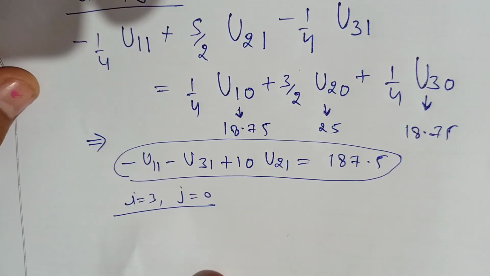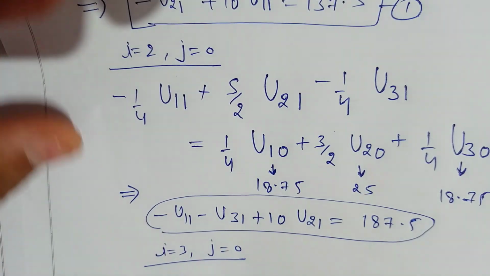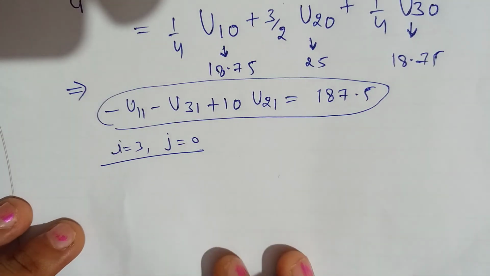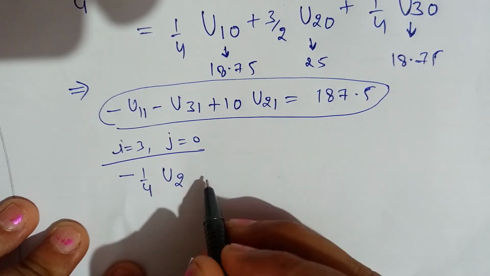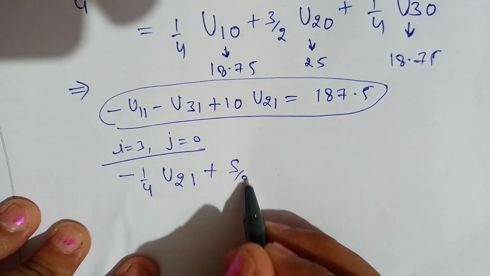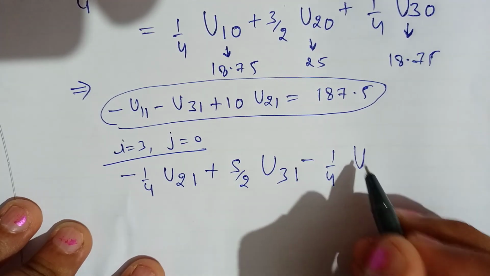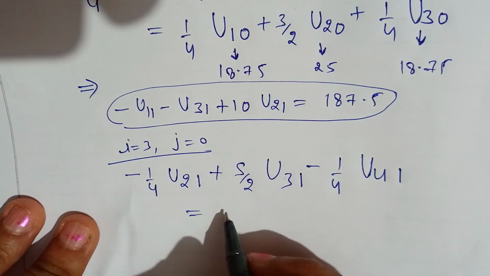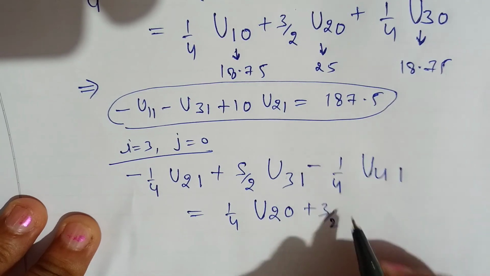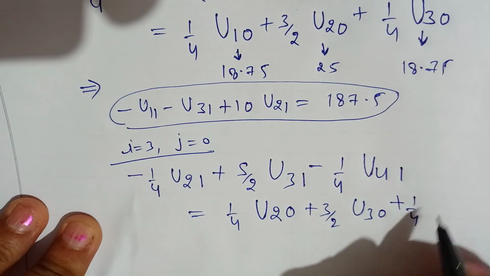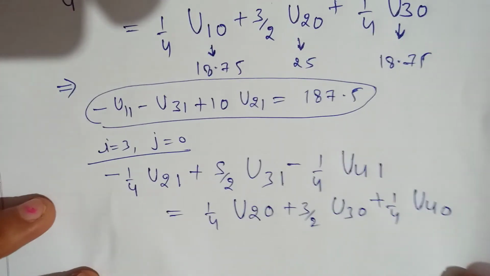So we get minus 1 by 4 u2,1 plus 5 by 2 u3,1 minus 1 by 4 u4,1 equal to 1 by 4 u2,0 plus 3 by 2 u3,0 plus 1 by 4 u4,0. So this is your third equation.